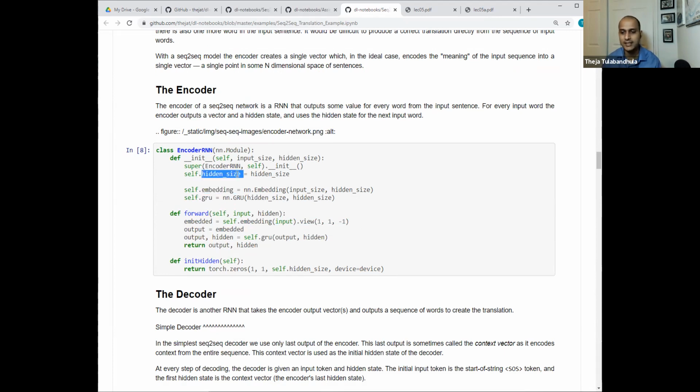Hidden size is the hidden size of your RNN block. Input size here is the size of the vocabulary, so if you have 1,000 words, input size is 1,000. First we create an embedding, very similar to the previous example script, and then in this example, we just created a GRU based RNN.